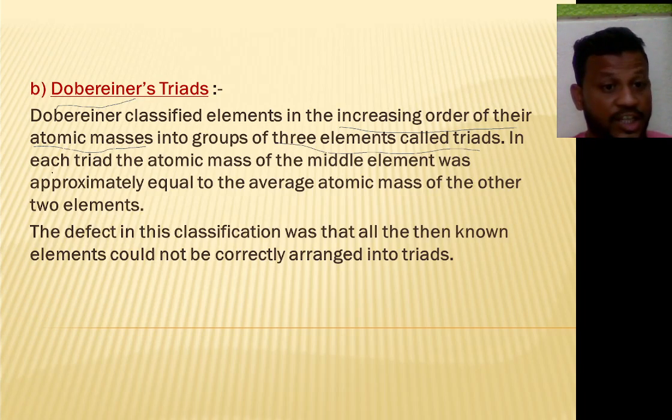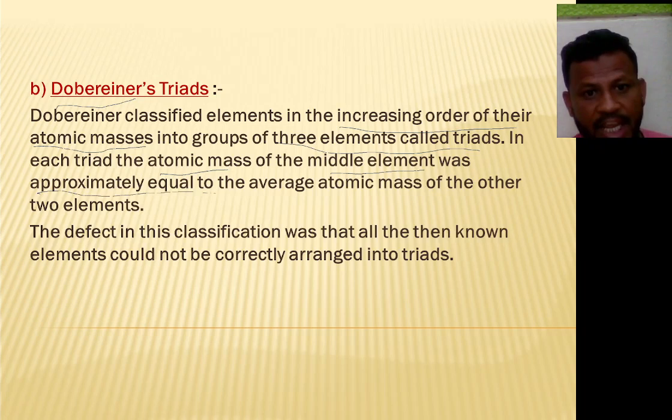In each triad, this is the important point, listen here. The atomic mass of the middle element was approximately equal to the average atomic mass of the other 2 elements.